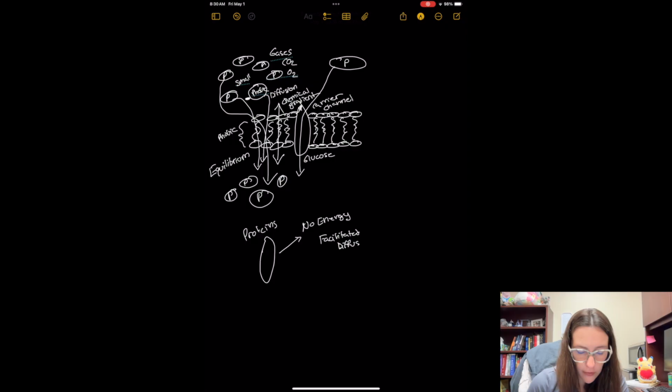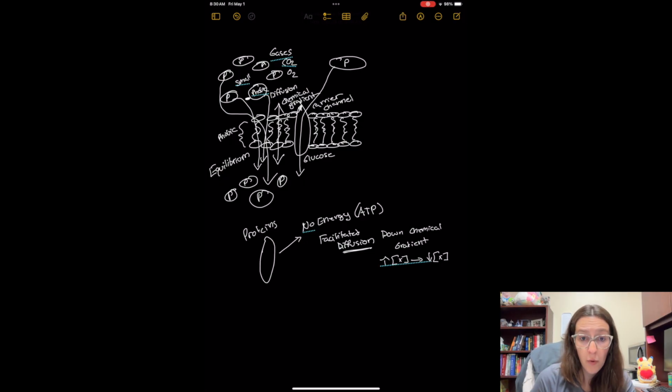When it does facilitated diffusion, right, so no energy, no ATP, just like normal diffusion, we're going down our chemical gradient. We're going from a high concentration to a low concentration.